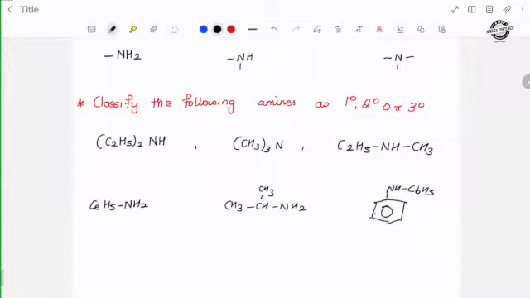No matter how complicated the structure is, you just have to look at the nitrogen.